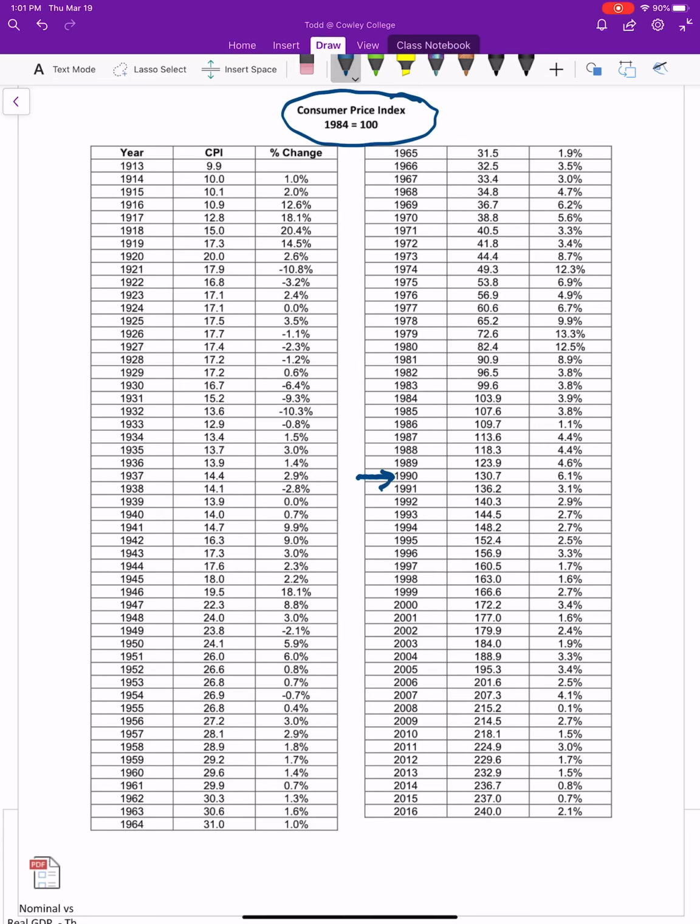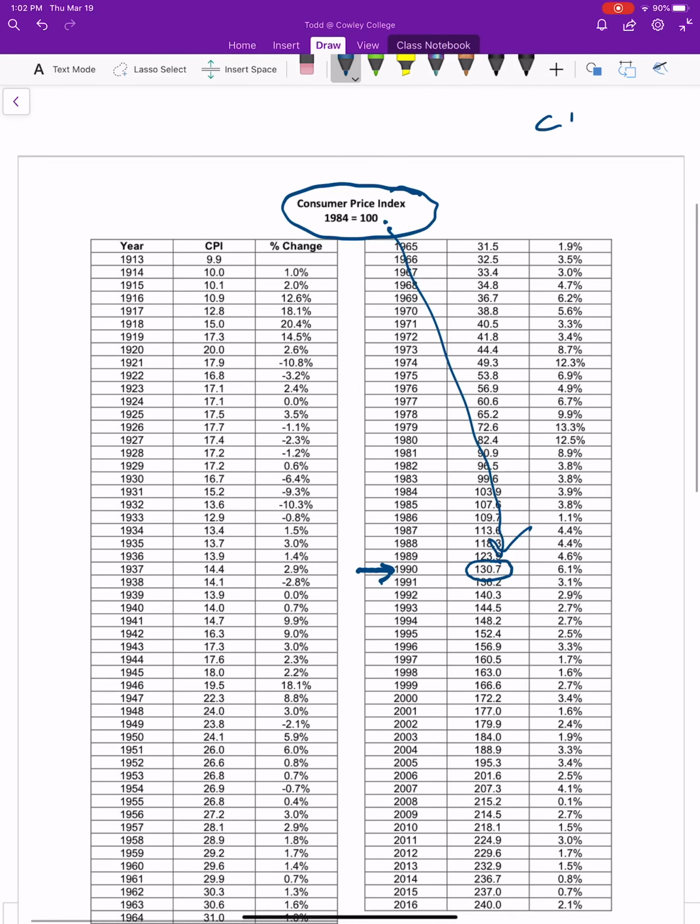If I were to ask you what is the consumer price index for 1990, you would simply tell me it is 130.7. Remember, it is not a percentage and it is not a dollar value. So, how much have average prices increased from 1984 to 1990? You take your consumer price index and subtract off 100, which turns it into a percentage change.